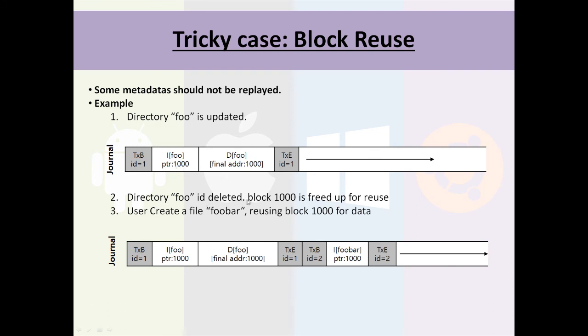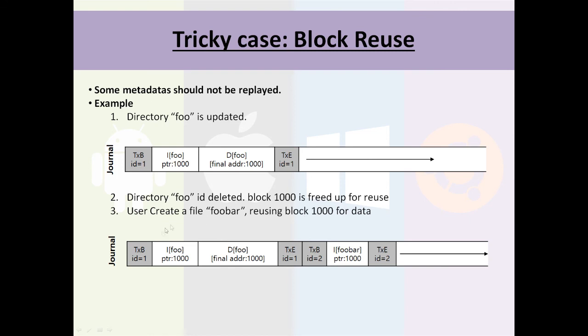After which directory foo is deleted and block 1000 is freed for reuse. Now that doesn't require any transactions with the journal, but it does occur. And then after that, a user creates a file called foobar, which uses this block 1000 for data. So there's a file now that should be starting at this address.